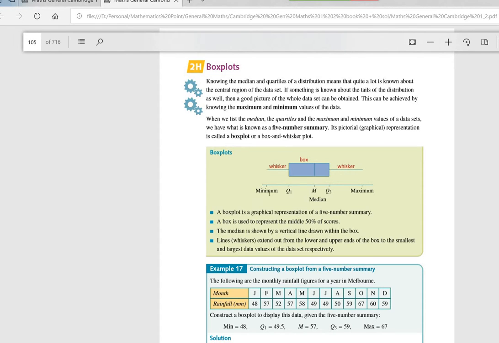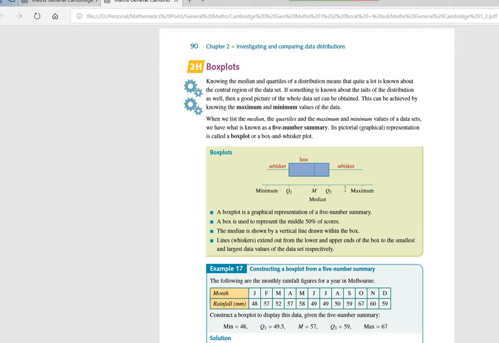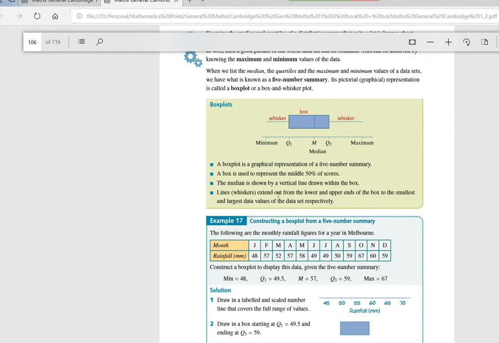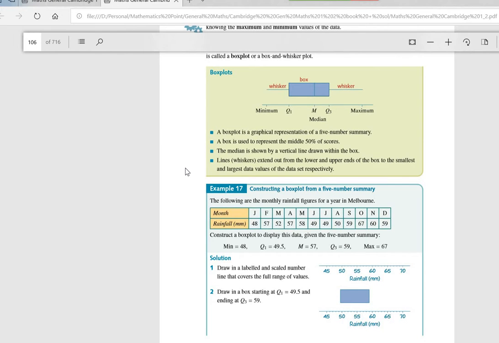The 5-point summary is: the first is the minimum, the second is the maximum, and then you've got your Q1, which is your first quartile, then Q3 and the median. So these are min, max, Q1, Q3, median. This all represents the 5-point summary, and using the 5-point summary we create the box plot.